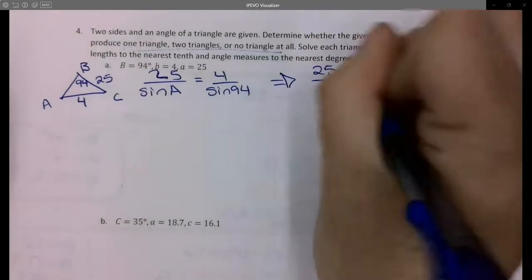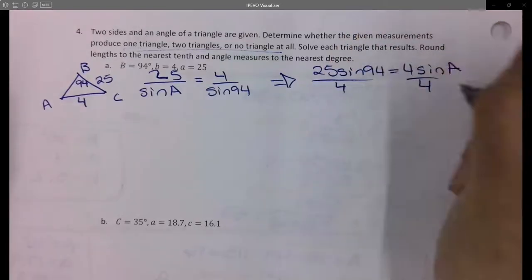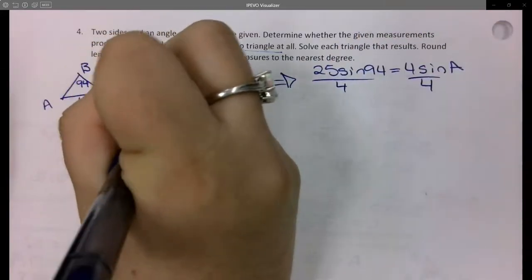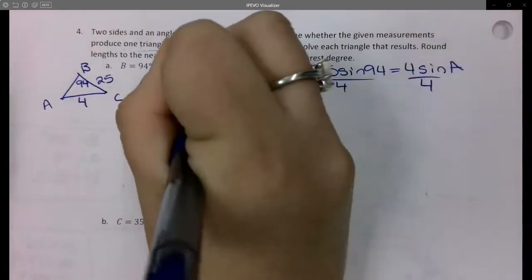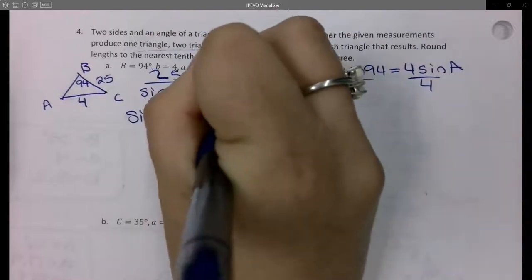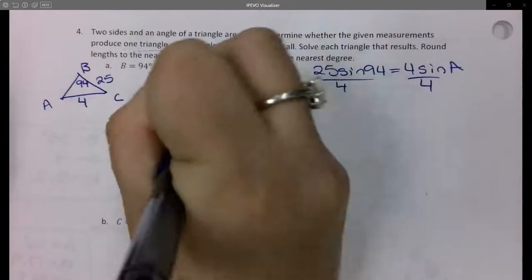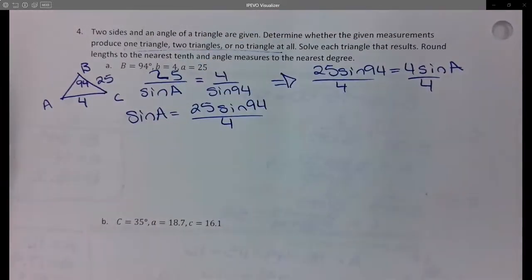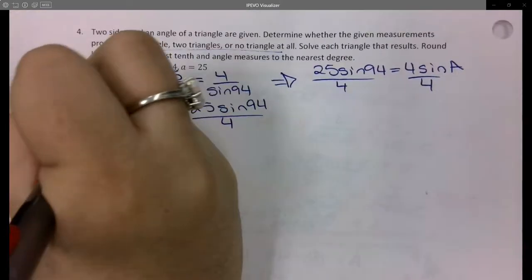Then I want to divide both sides by 4. So I have sine A equals 25 sine 94 divided by 4. To get my variable isolated, I want to find my inverse sine.